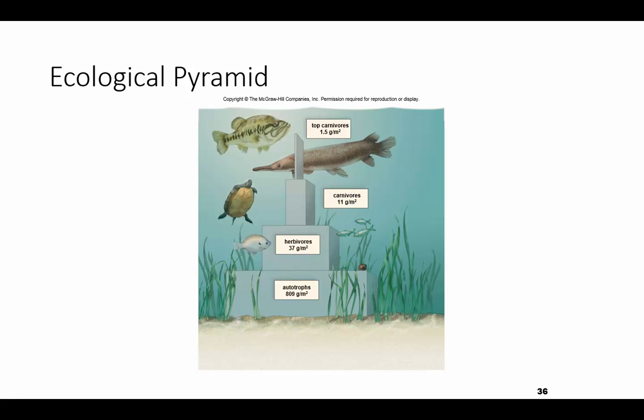Then the second level consumers, your carnivores, have dropped to 11. And then the top carnivores, 1.5 grams per meter squared. So you can't support as many top level carnivores as you can at the herbivore level. You see how it's losing so much of the energy at each level to the environment as heat.